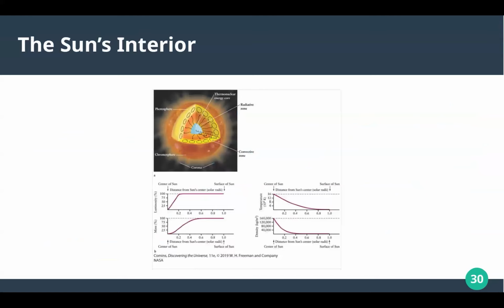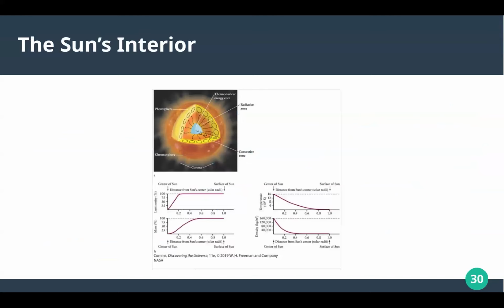Here we see various quantities as you go from the center of the sun to the surface of the sun. You will see that luminosity goes towards its 100% very close to the center, about 0.2 or 20% of the way towards the surface of the sun, while mass is basically at 100% as you go towards about halfway to the surface.